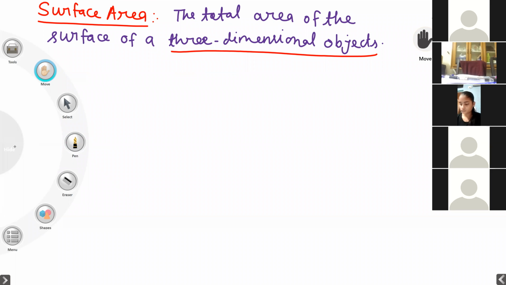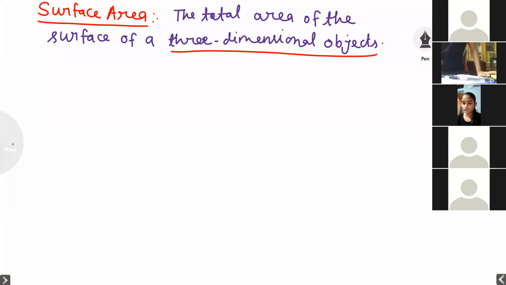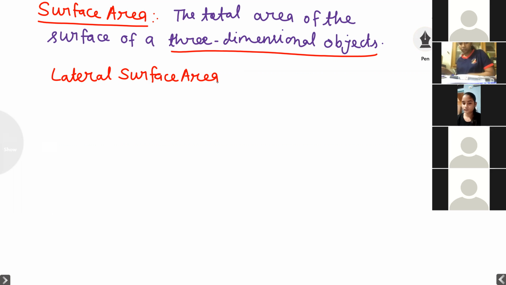Next, keep heading: Lateral surface area.